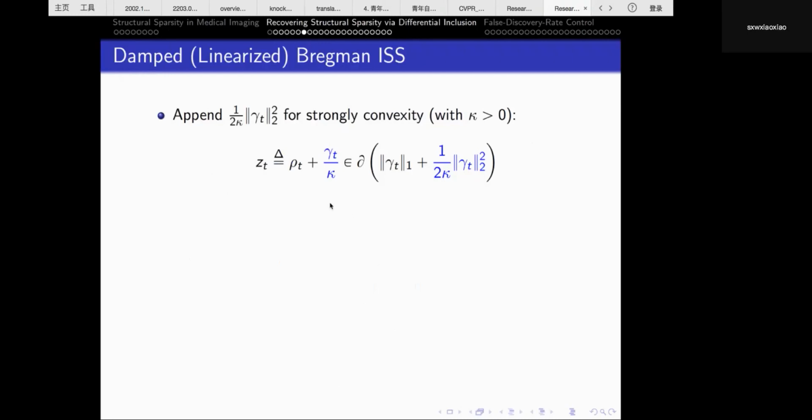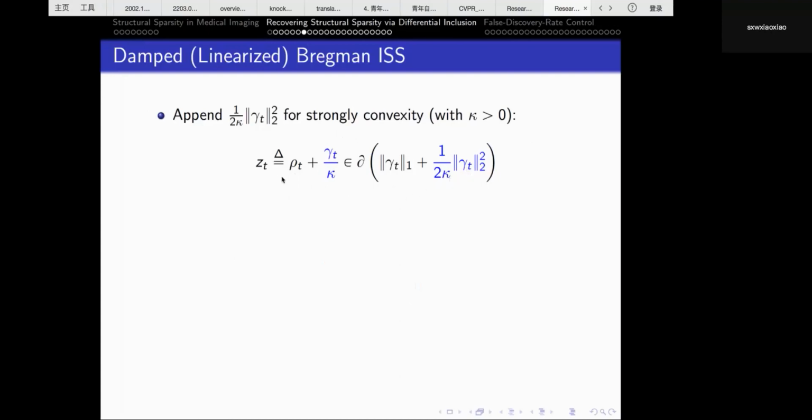Besides, we can make the penalty function strongly convex by introducing another L2 term with the damping parameter kappa, and it can approximate the original L1 penalty as kappa increases to infinity. And so we can also calculate the subgradient of gamma of the L1 penalty plus the L2 penalty.